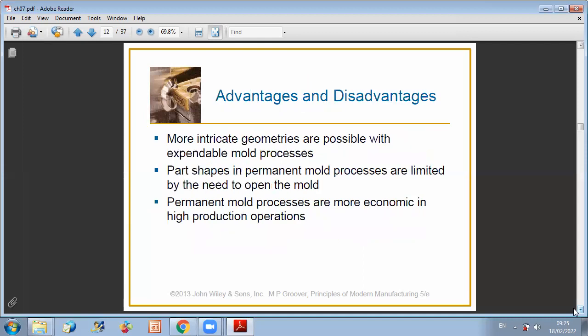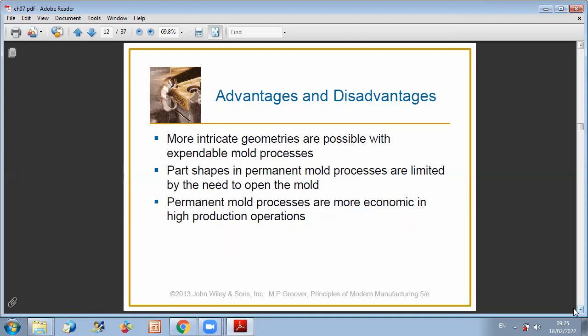Now, concerning advantages and disadvantages, more intricate geometries are possible with expendable mold processes, but as we said, on the manufacturing level it's challenging, you need to produce several molds, and for each operation you need a new mold. Part shapes in permanent mold processes are limited by the need to open the mold.